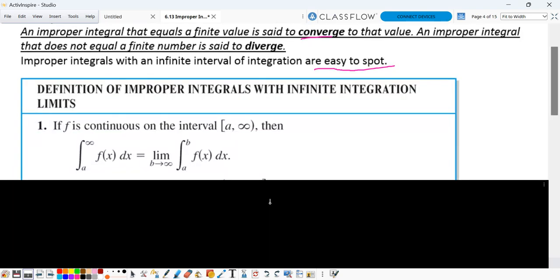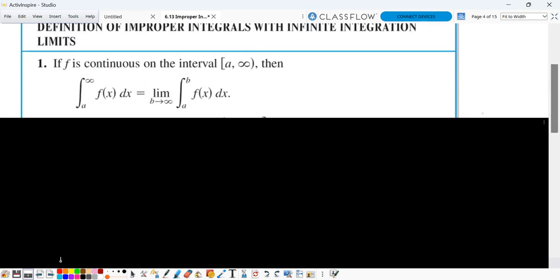Okay, so let's take a look at the notes in the box here on how we make them proper. If you have the integral from a to infinity of f of x dx, then leave the lower bound a as it is, pick a variable b or c or anything, and make a limit statement that b goes to infinity, and make that upper bound b. Now, why do we have to do this?